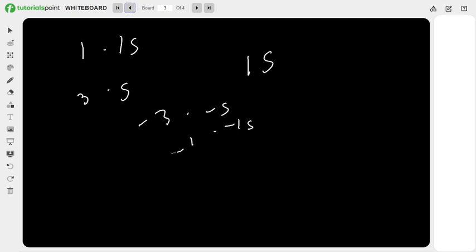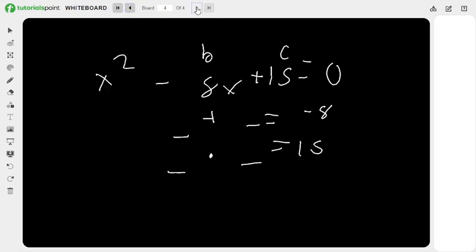There's a rule to that, and if you're big on memorizing rules, that's good. If you're not and you just want practice, I personally recommend practice for this. You'll start to notice the pattern, but essentially the rule is when b is negative and c is positive, both your numbers have to be negative. But again, I don't recommend learning the rule.